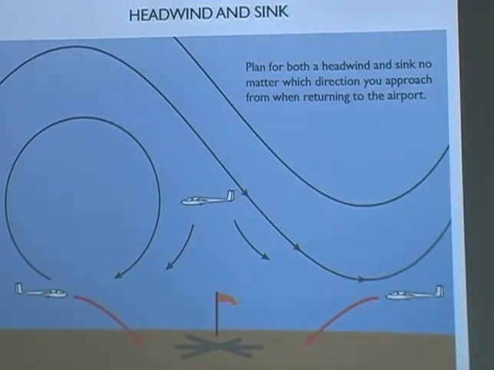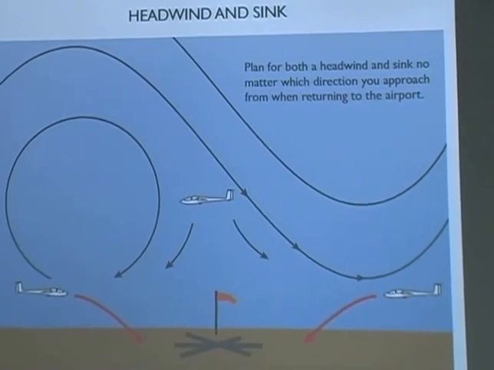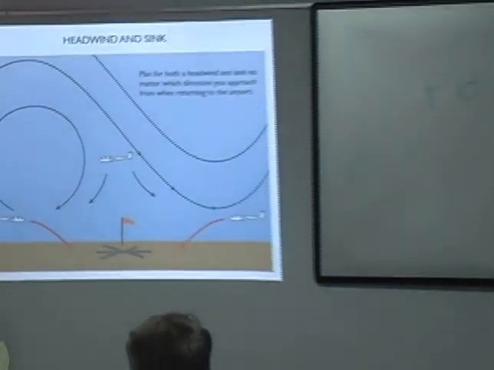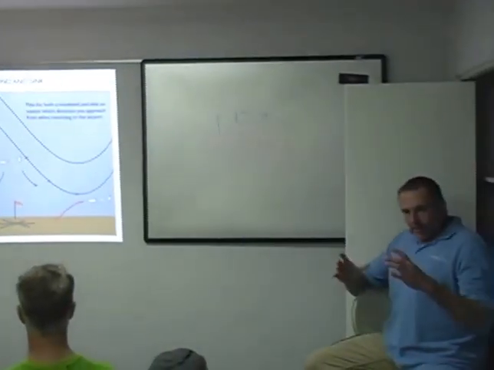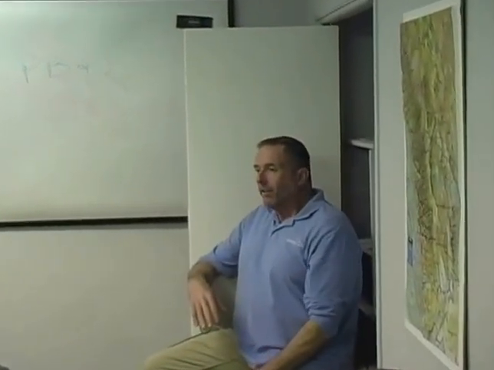So the idea is that, if your glide computer says, oh, you've got it with 500 feet to spare, you just don't trust that. You've got to get back when you're doing a wave flight. Try to let down, get back early, let down over the airport.